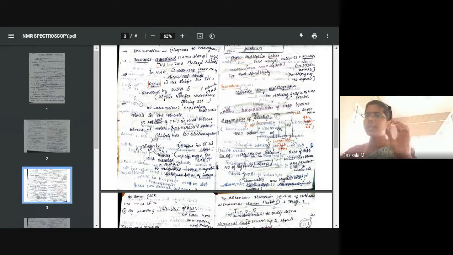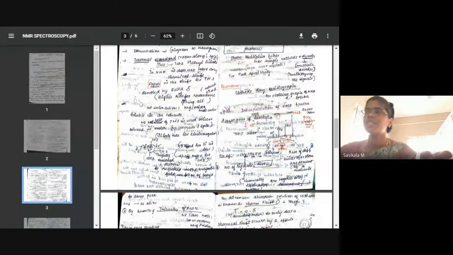If you take the range from 7,000 to 20,000 Gauss, 20,000 Gauss may be required for tetramethylsilane, whereas for sample protons it will vary from 7,000 to 20,000. So at 20,000 it resonates with the radio frequency, and it does not give any shift, whereas the other sample protons give signals below that range of external magnetic field.